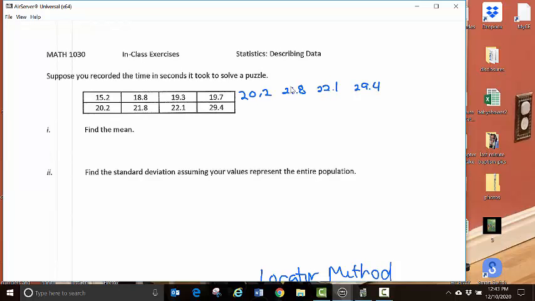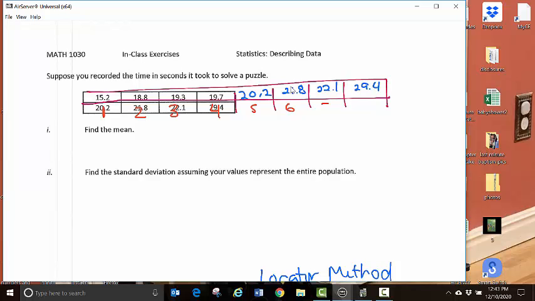So suppose you recorded the time in seconds it took to solve a puzzle. All right, now what I decided to do, instead of having it in the chart, was make it in a row from smallest to greatest. And so this was my first number, my second number, my third number, fourth, fifth, sixth, seventh, and eighth.